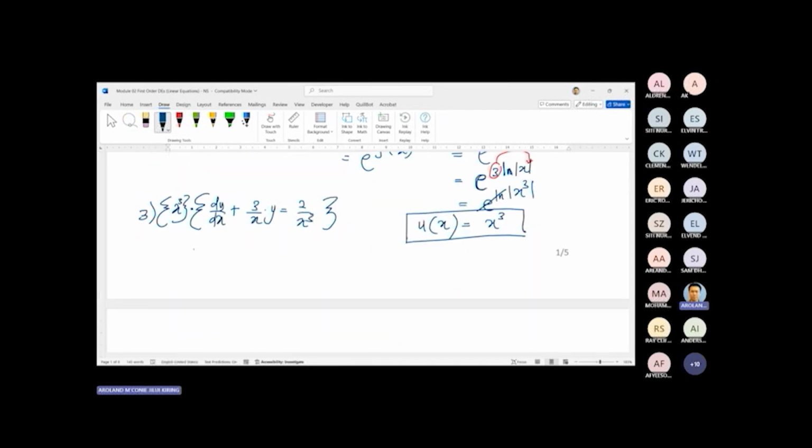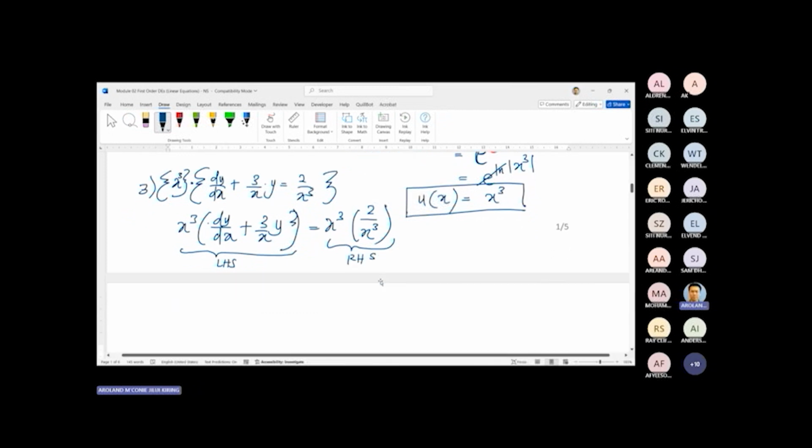So we find the equation up to this stage. This equation here we call the left hand side of the equation, and this equation here we call the right hand side of the equation.